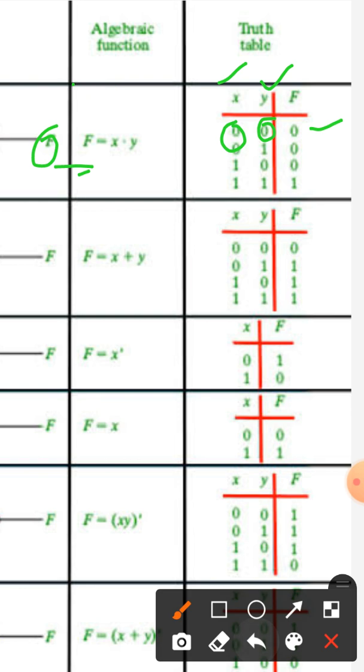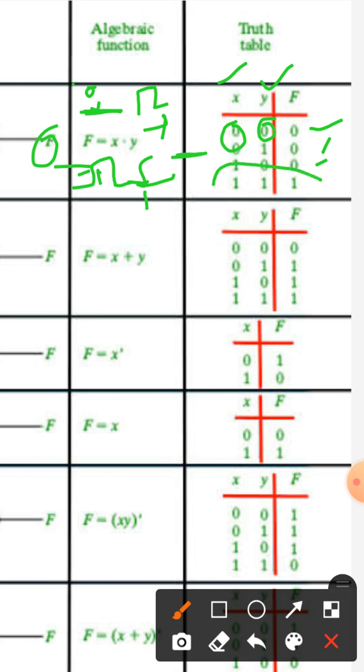On the other hand, if x equals 0 and y equals 1, then we will have output equal to 0. And when y equals 0 and x equals 1, the result is also 0, meaning a null signal.